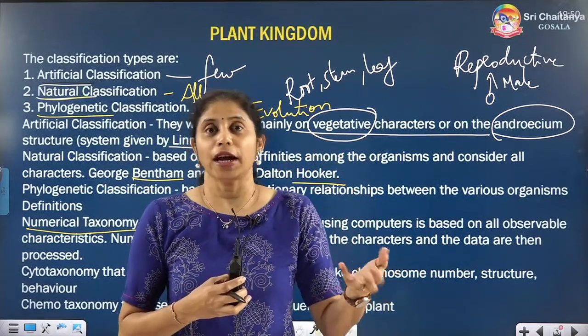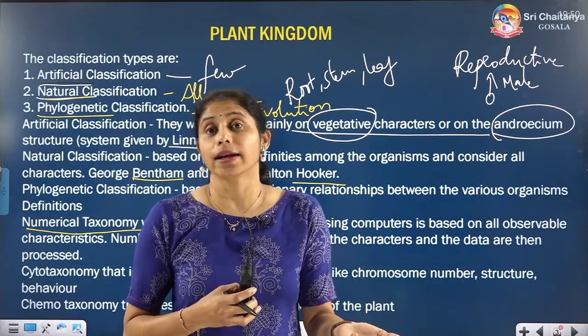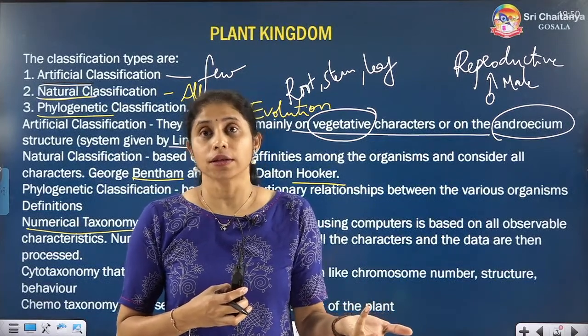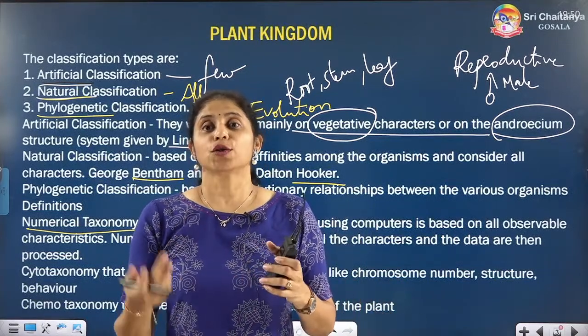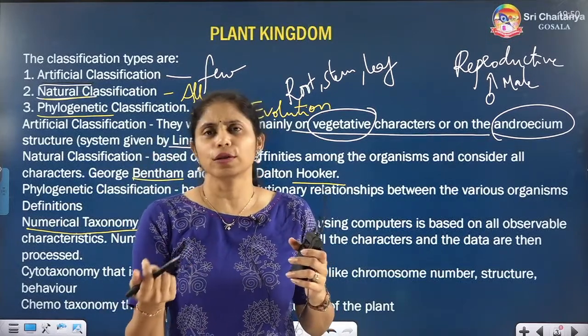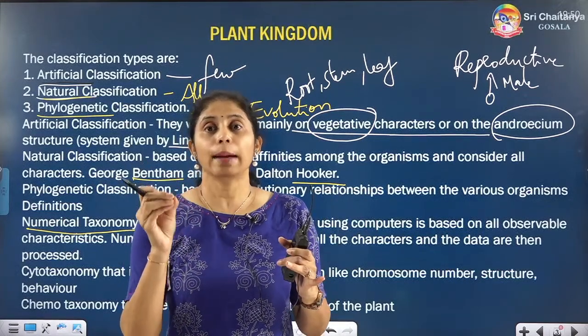Because we can imagine, I said 100 characters, then we can count. But if you think 1 lakh characters are there in a plant which should be considered, then it is not possible for us to do the taxonomy by sitting and counting and measuring 1 lakh characters. All those things are difficult. So numerical taxonomy will take the help of computers.